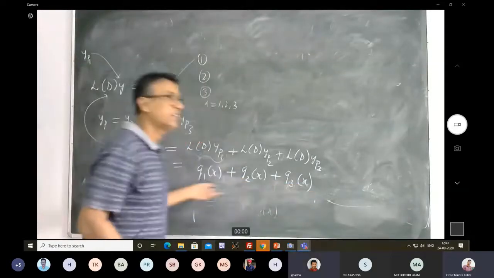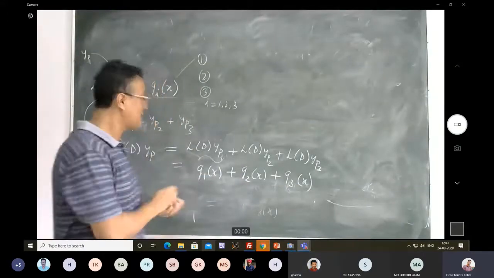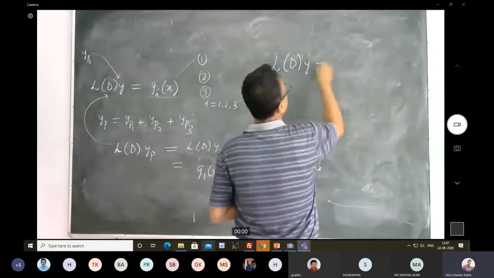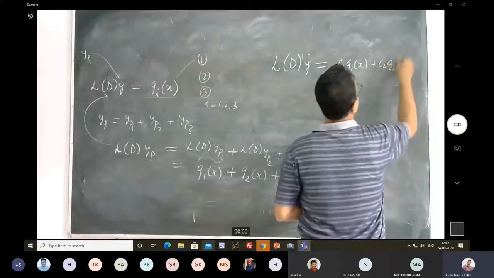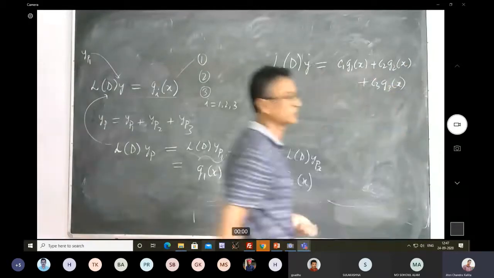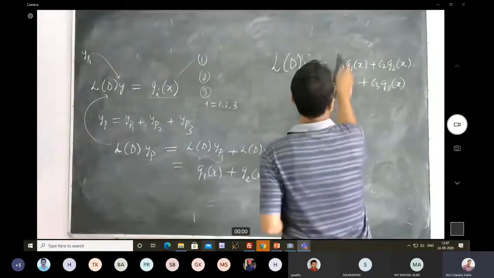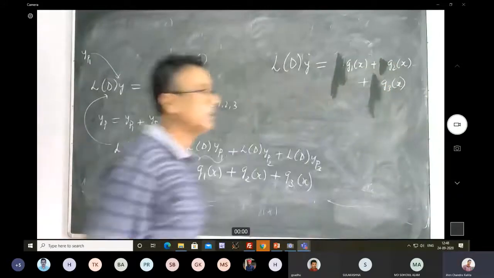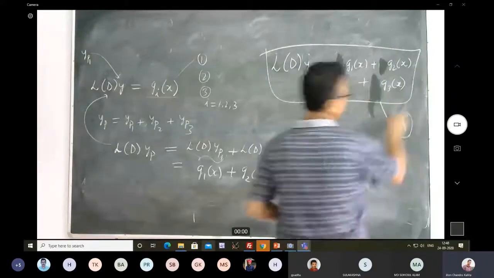Then their sum, a linear combination, is going to be a particular integral of the differential equation given by something like this. Say, let me call it A. Is it okay?